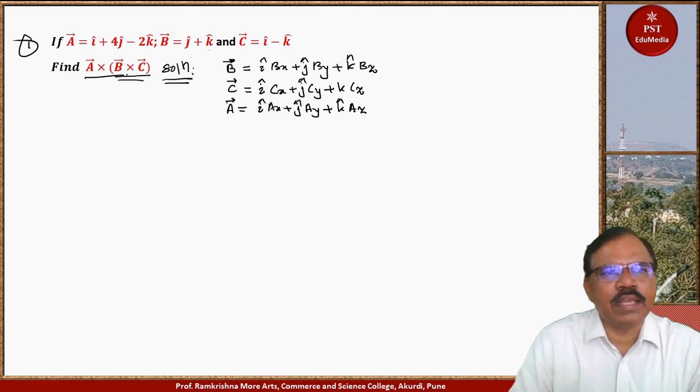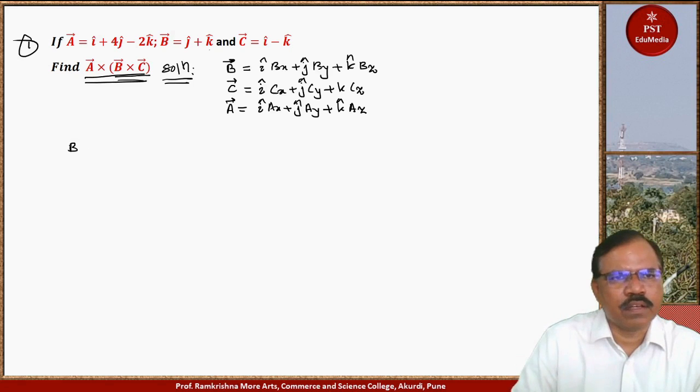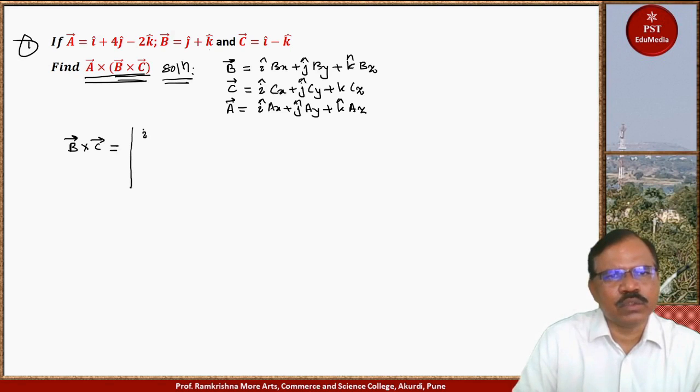And now we have to find A cross B cross C. So first we will obtain B cross C. Now B cross C we obtain by using the determinant method. So here I, J, K. Then here we take components Bx, By, Bz, Cx, Cy, Cz.